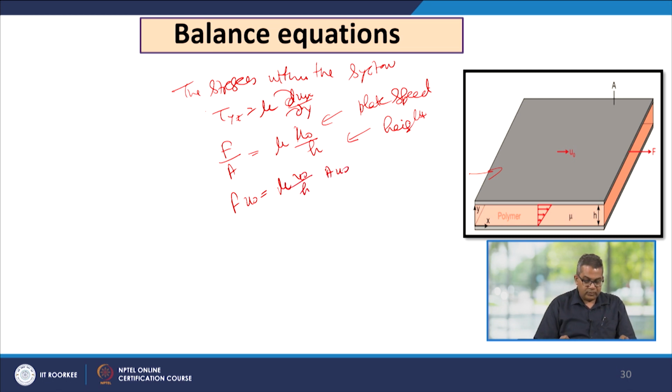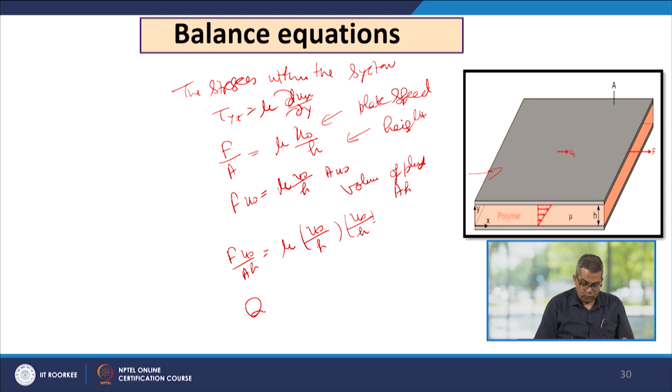If we divide this equation by the volume of the polymer, AH, the rate of energy input per unit volume is given by F u naught over AH, which is equal to mu (u naught over h) squared, or q viscous heating equals mu del ux over del y into del ux over del y.